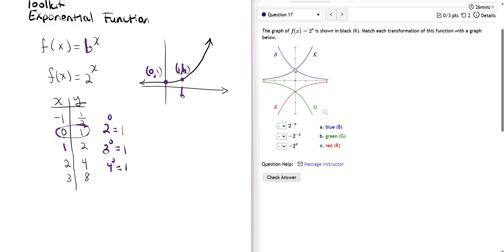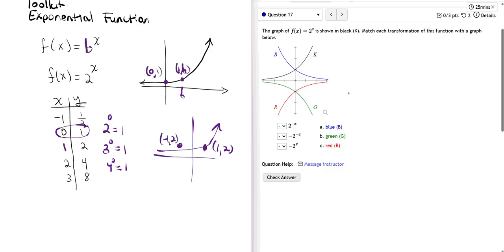So the first thing I notice is the blue one looks like it was flipped across the y-axis. Now when you flip across the y-axis, any of your points that were over here are going to come here, right? So notice that if this is 1 comma 2, then over here it's going to have to be -1 comma 2.